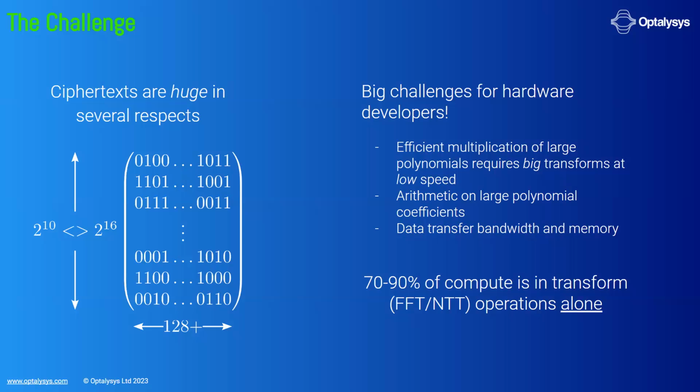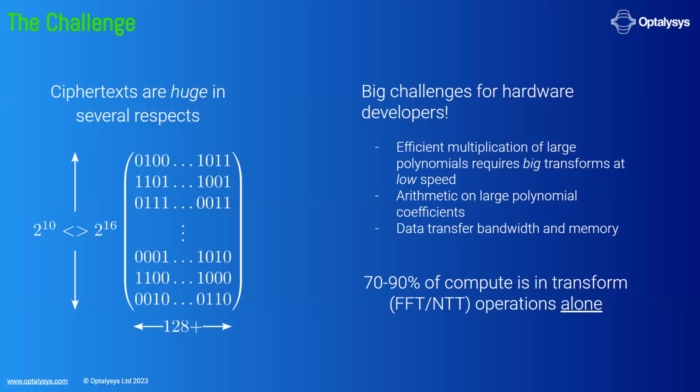So if we are going to deliver 10,000 times acceleration over CPU, we need to go from tens of milliseconds for a bootstrapping operation down to microseconds. That is an enormous amount of computation that needs to happen very quickly and consistently. And that is only part of the story. We also need to transport and store the massive amounts of data that we need to move as part of this process.